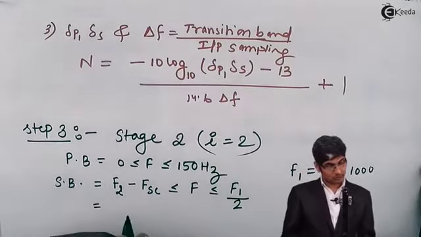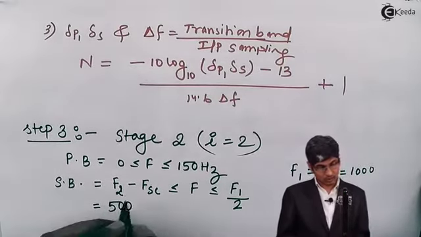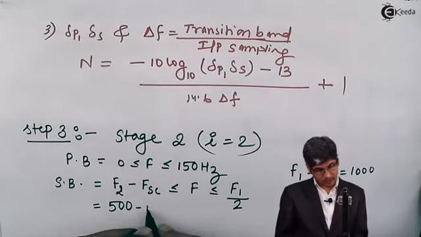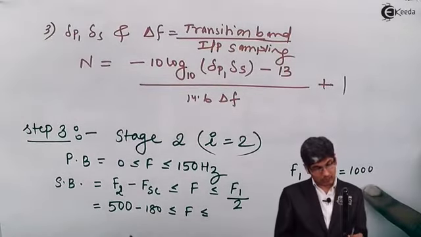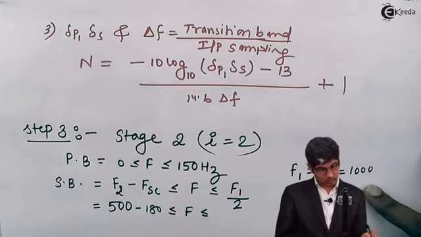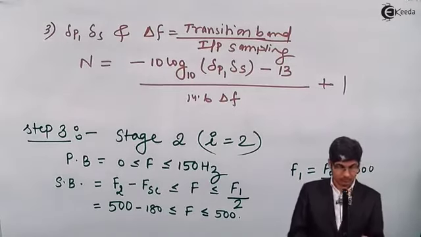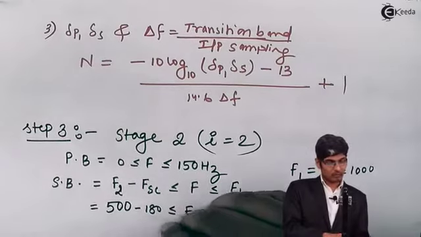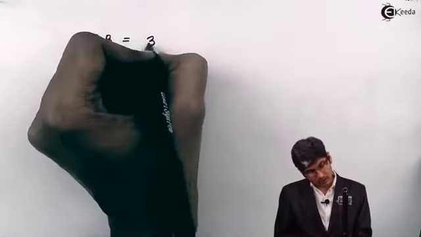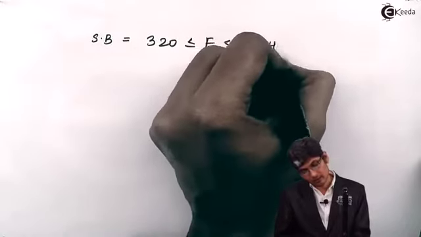So my stop band comes to be F2, which is 500, minus FSC, which is 180, less than or equal to f less than or equal to F1 by 2, which is 500. Therefore my stop band will be 320 less than or equal to f less than or equal to 500 Hertz.